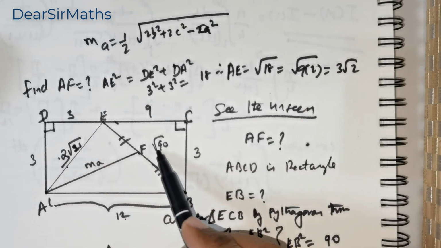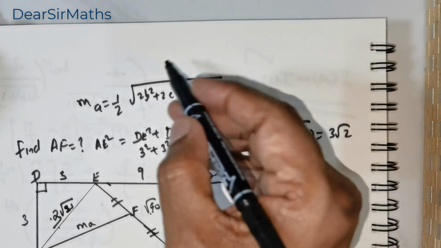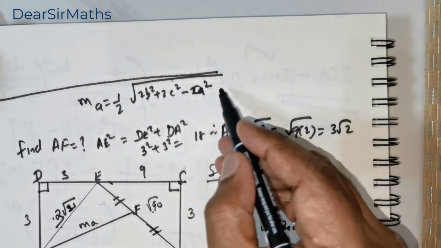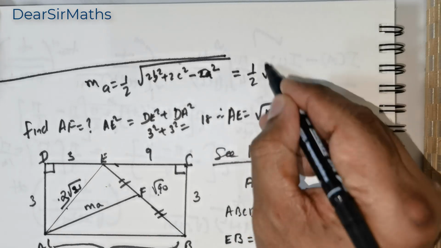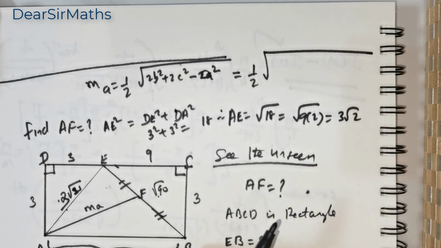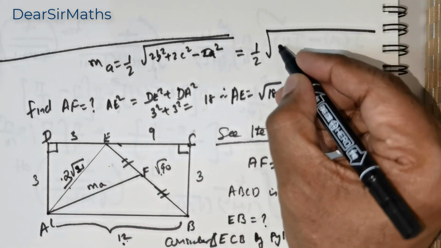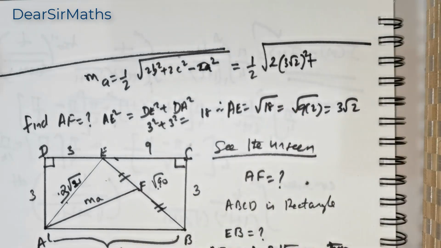So we have got this side, this side, and this side. Now all we need to do is substitute it in the formula. I will show the substitution using this part of the page. So MA, this is what is required, right? That is equal to 1 over 2 times square root of 2b squared. Now b squared is going to be the side opposite b, right? This is the side. So that's going to be 2 times 3 times root 2 squared plus 2c squared.